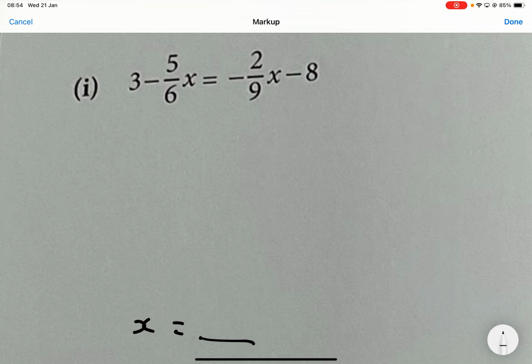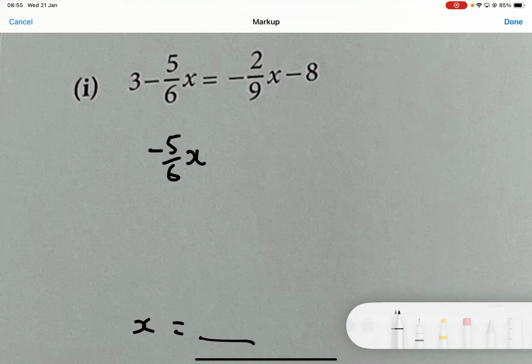So if I look at my left, got a 3, got a minus 5 over 6x. So I know I want to keep this negative 5 over 6. I want it to still be on the left. And I know that I don't want the 3. Okay? So my 3, I want it to disappear. I want to subtract 3 on both sides.